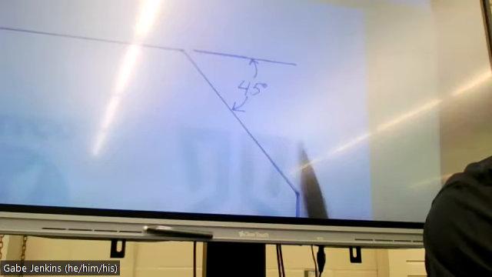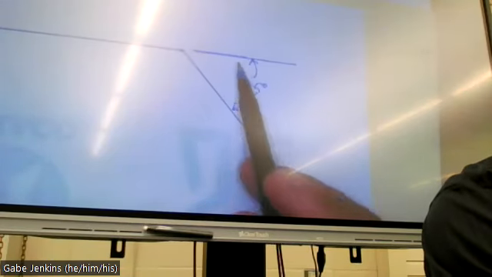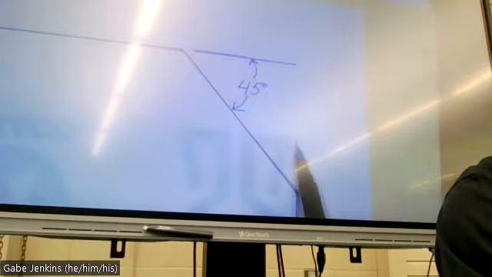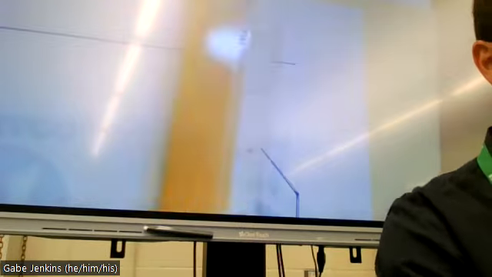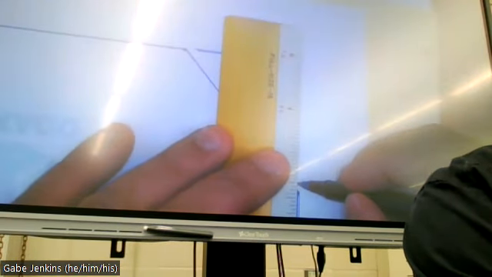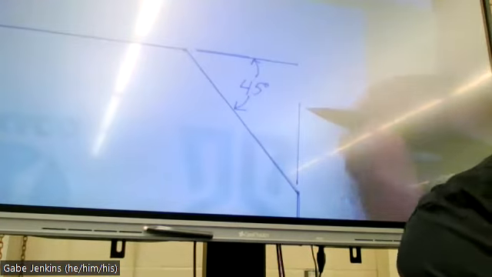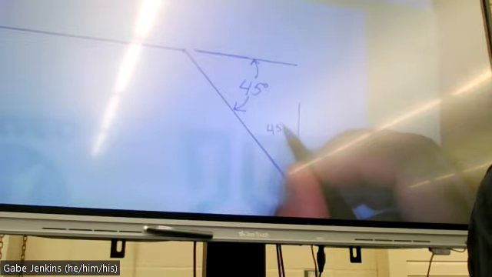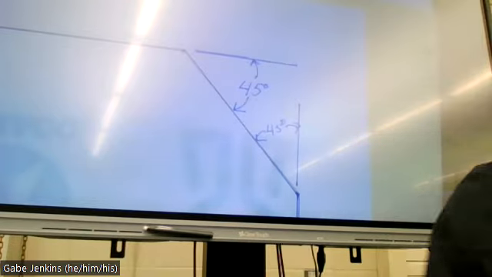I could also say what this dimension was if I wanted to, instead of saying 45 degrees this way. If I wanted to extend this line up and then do a measurement that way, I could do that. It would just look like this. I would extend this line, again leave a little bit of space there, extend this line up, and I'd write my 45 degrees, with a little arrow over to there and an arrow over to there.